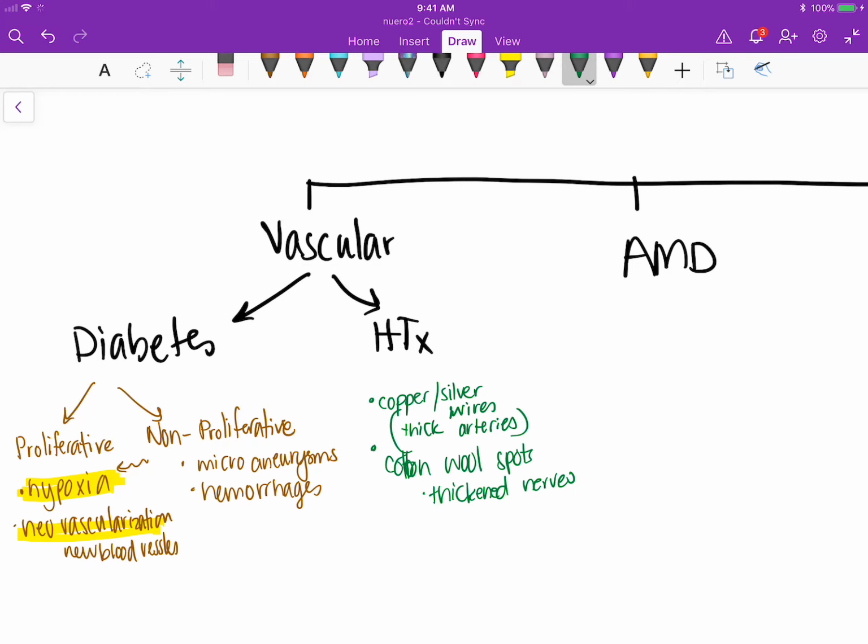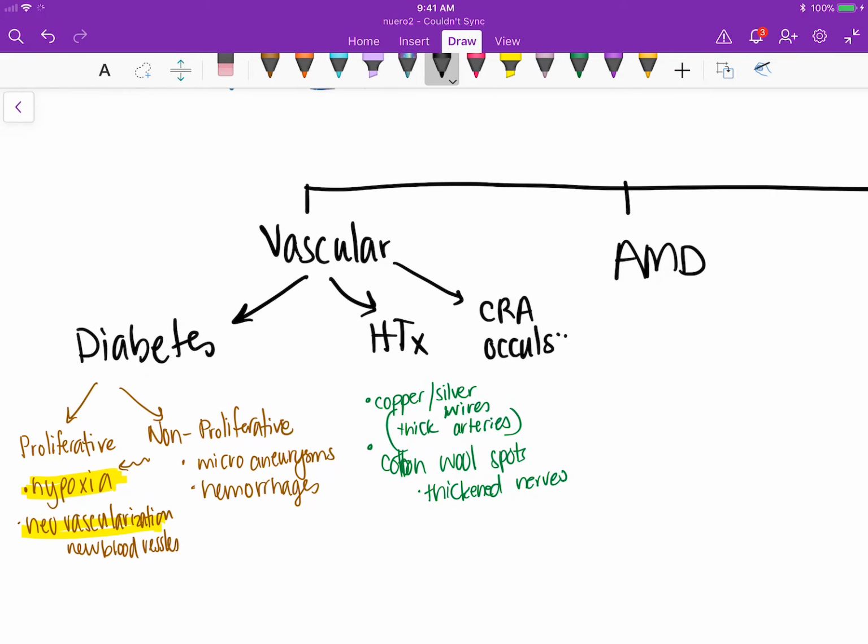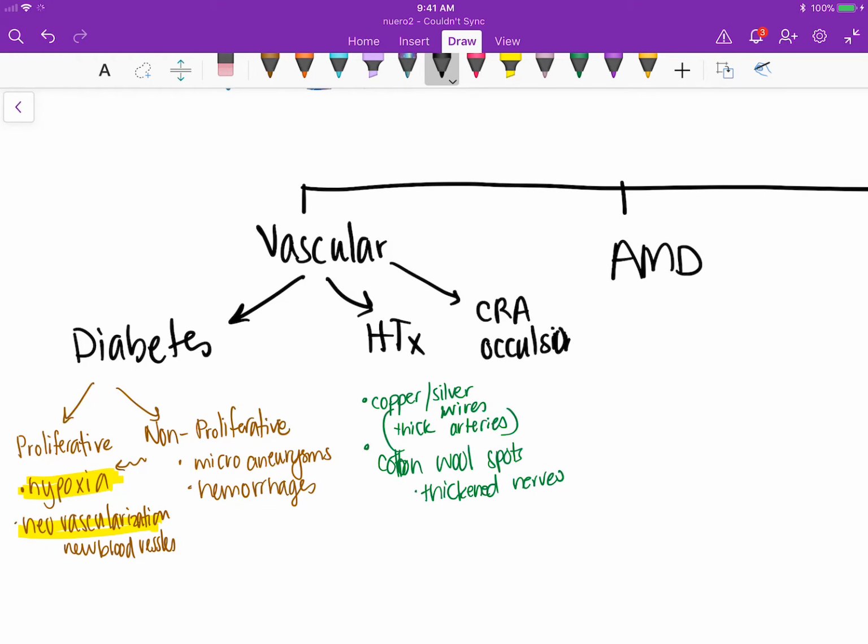You also have artery occlusion, so that's another one. Central retinal artery occlusion. Sorry, spelling.